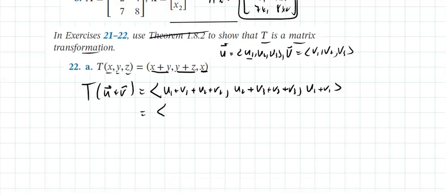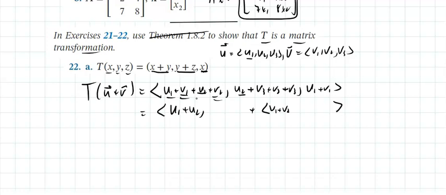And if I rewrite this and rearrange them, isn't that u1 plus u2 plus v1 plus v2?